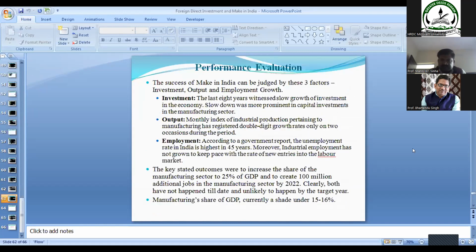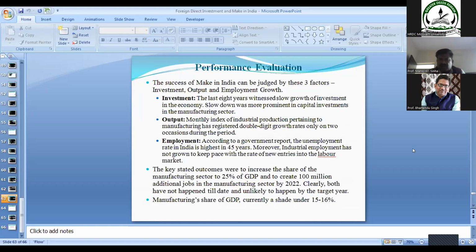For performance evaluation, we can consider three variables: investment, output, and employment. Investment over the last 8 years has increased slowly, but it is not up to expectation.